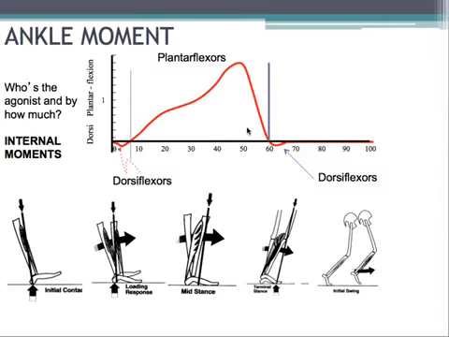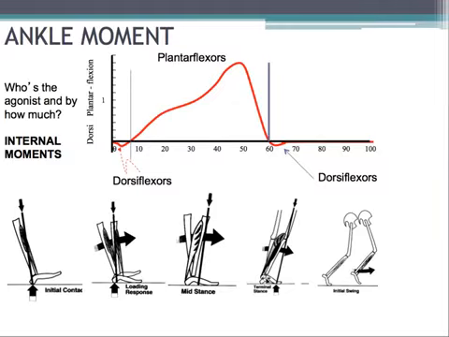The opposite limb makes heel contact, which is around 50% of the gait cycle, and that triggers this transition from one foot to the other. Part of that transition is shifting weight onto the opposite limb, and as part of that process, we have a rapid plantar flexion activity of the ankle, and the knee is also straight.